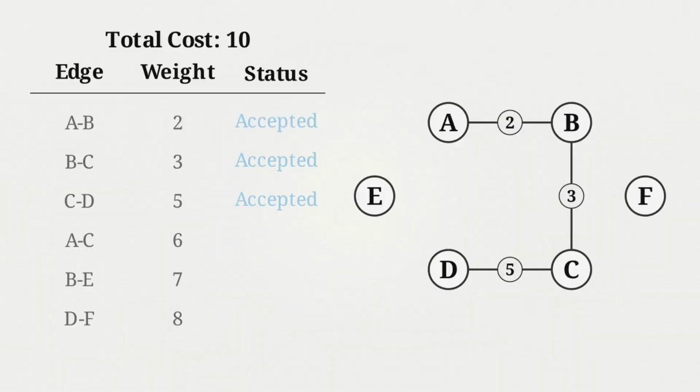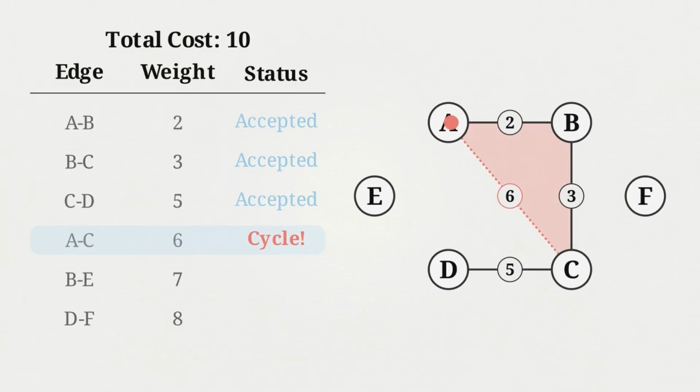Moving down our table, the next available edge is AC, with a weight of 6. Since 6 is the next lowest number, the greedy rule suggests we add it. But as the visual shows, adding AC creates a closed loop that invalidates the spanning tree. This enclosed geometric shape is a cycle.